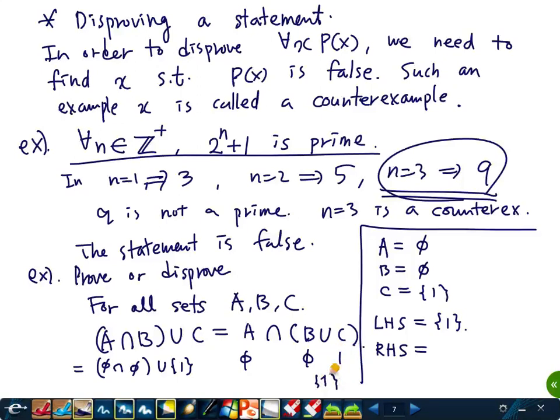I mean this, empty union 1, empty. They are different. So in this case, because they are not the same, this statement is false. So this is a counterexample. One counterexample is enough. You can find a different one, that's fine. If you think you proved this to be true, then there must be some mistake in your proof.